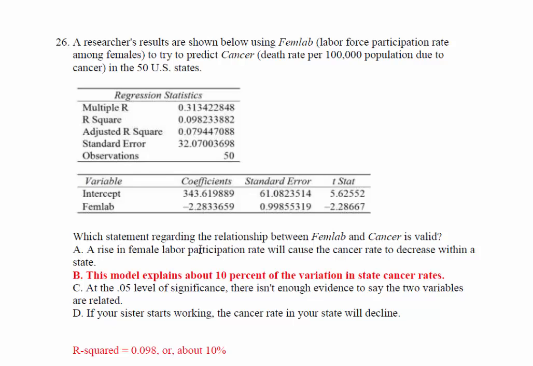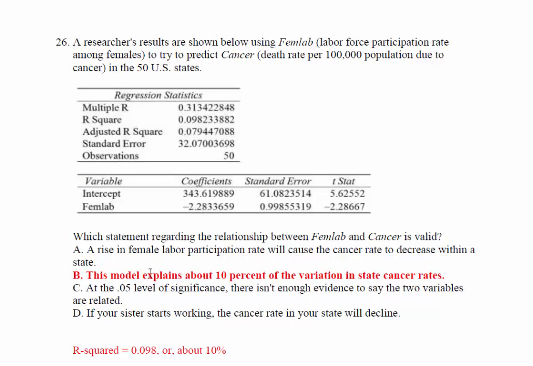Which statement regarding the relationship between FAMLab and cancer is valid? Okay. A rise in female labor participation rate will cause the cancer rate to decrease within the state. Why is this wrong? You cannot say this within the state, okay? Even though there's a negative relationship, this actually shows the U.S. overall, the United States. You cannot apply that just to within the state.